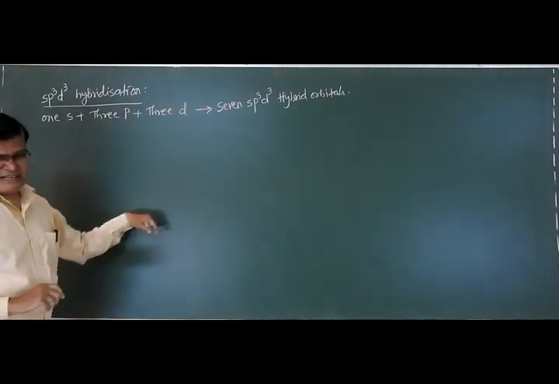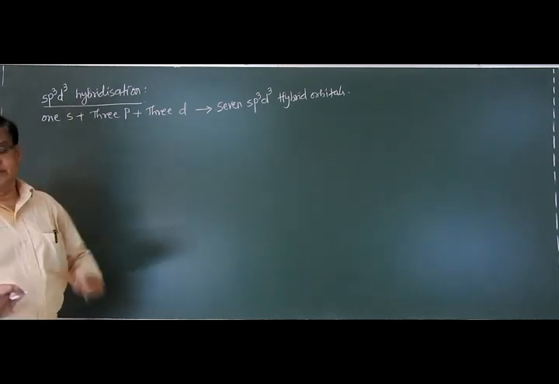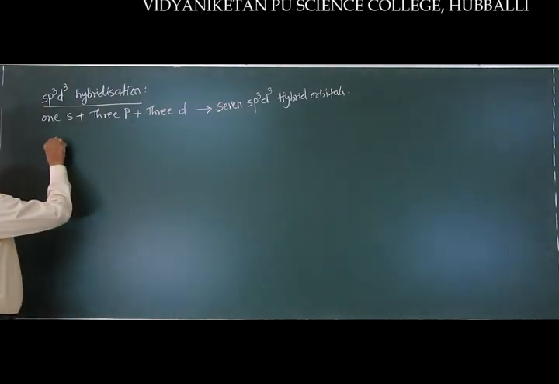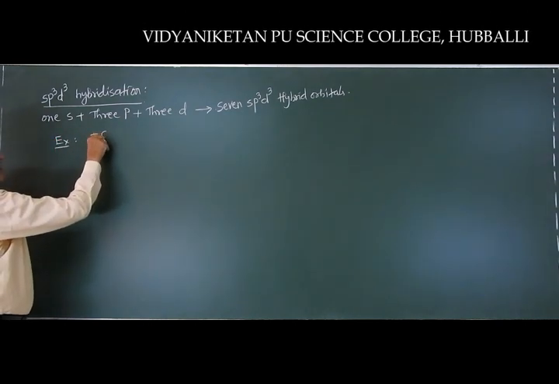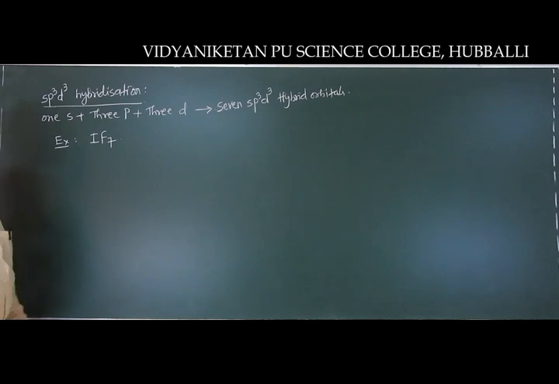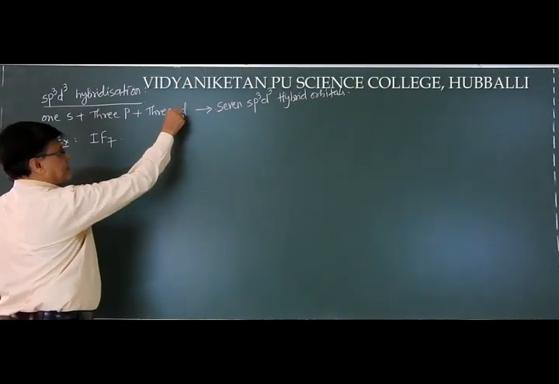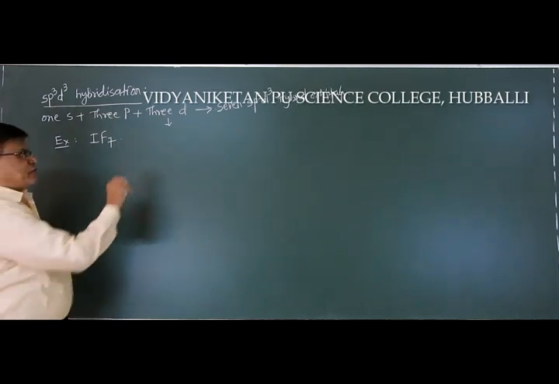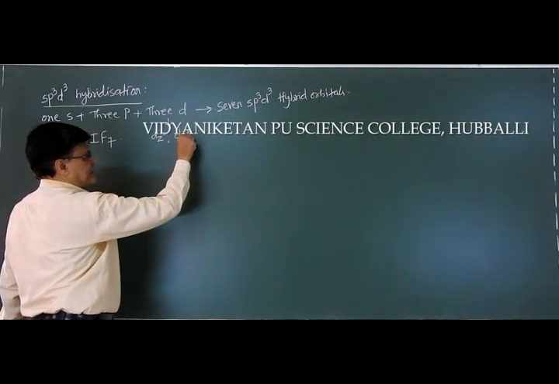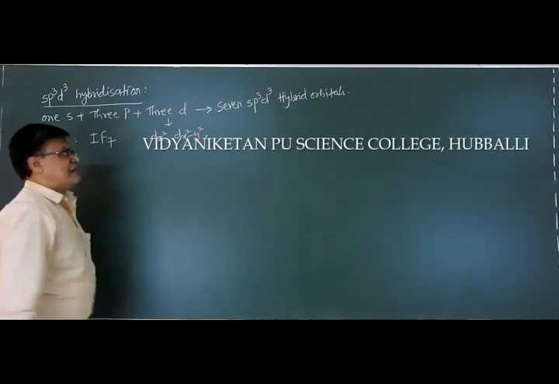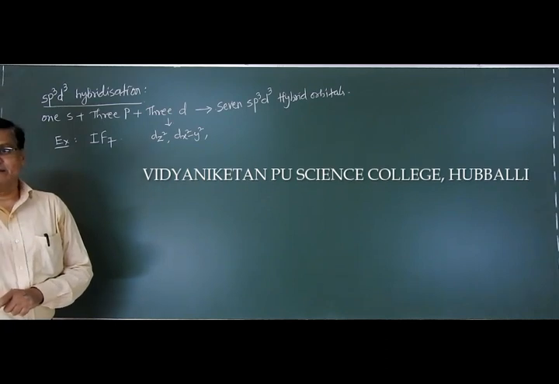Just the energy diagram, all this is not required. Just remember the structure. That is the example I will take here: IF7, iodine heptafluoride. Just remember IF7. Now the question arises: which 3d orbitals are involved? One is dz square, another is dx square minus y square, another is any one of dxy, dxz, dyz.